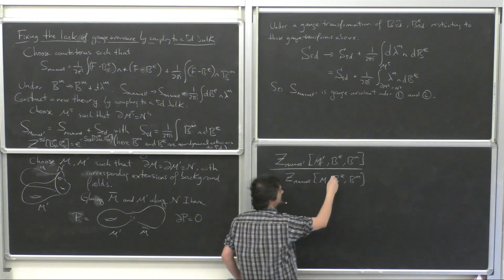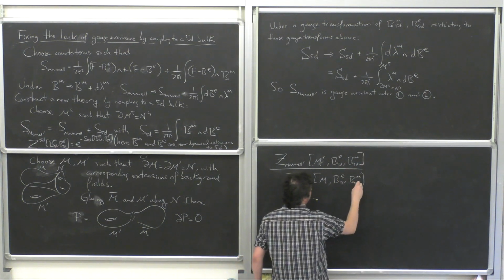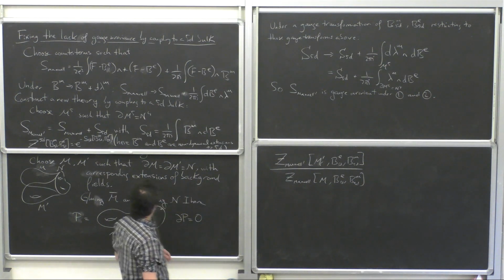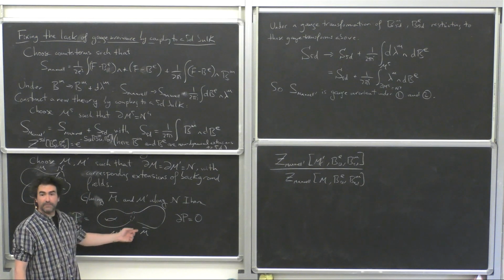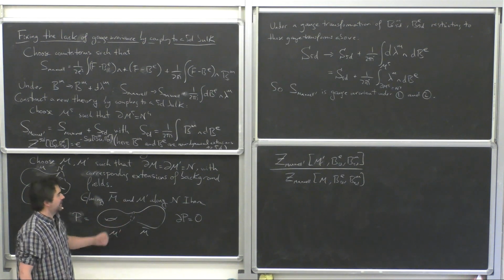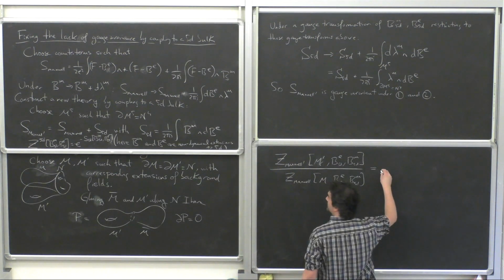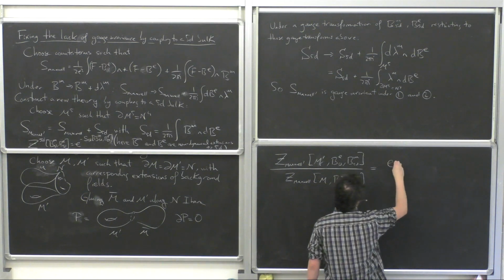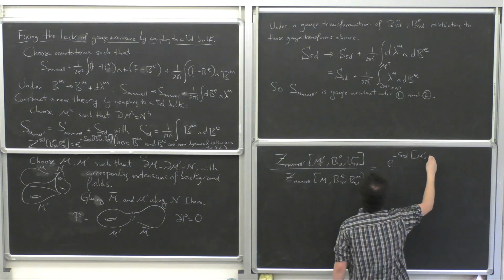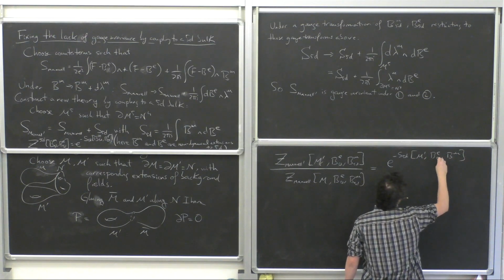Again, this should be extended, so let me write this 5D. Okay, so the partition function of the theory on the boundary, the part where I'm gluing, is always the same. I always have the same Maxwell theory. So the only thing that gives me a non-trivial contribution here is the 5D action. So this is going to be e to the minus S 5D in M prime, B, B_M, everything 5D.